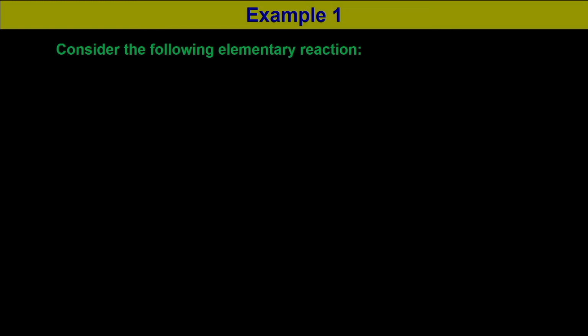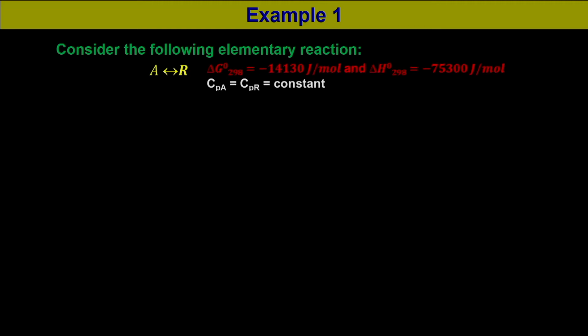So, consider the following elementary reaction, say A to R, this is a reversible reaction where delta G naught at 298 is given as minus 1413 joule per mole and delta H naught at 298 Kelvin is given as minus 75,300 joule per mole, and Cpa is equal to Cpr is equal to constant.